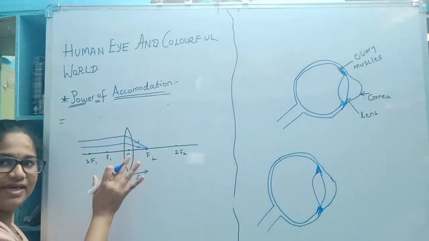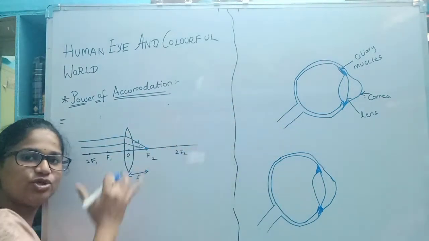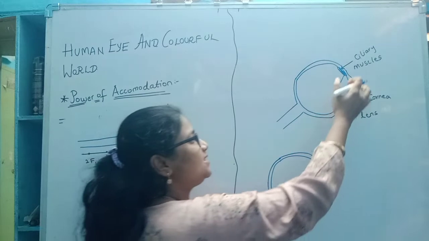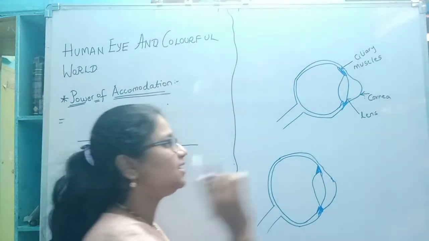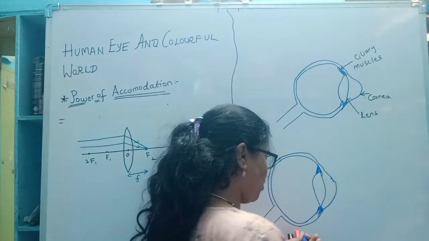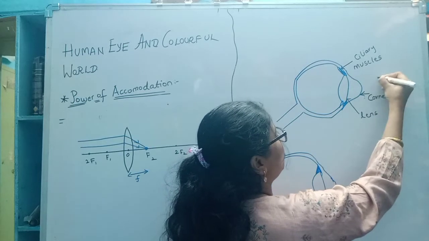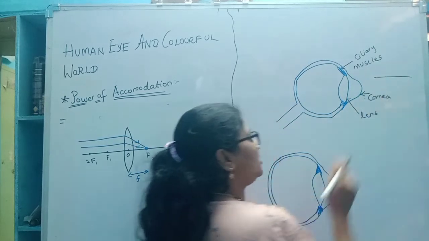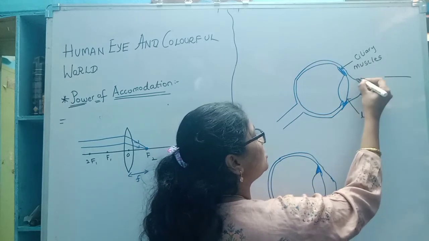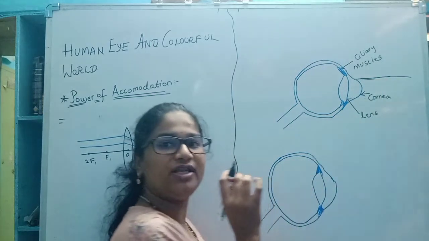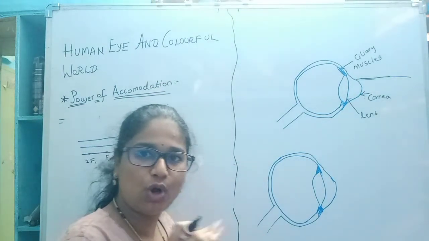Now consider the same case for our eye. The crystalline lens acts as a convex lens. Let us consider a ray of light from a far object falling on it. It must first cross the cornea, which is also convex in shape.